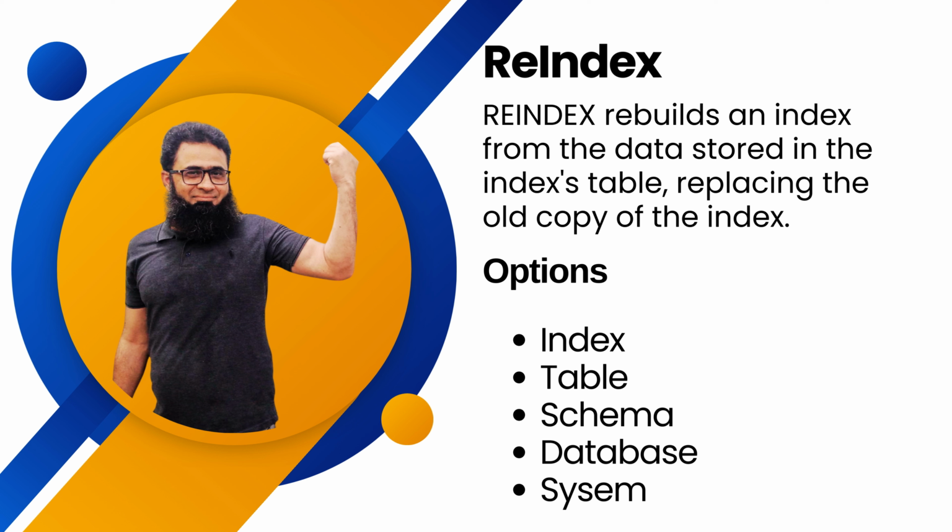We can perform reindexing on a specific index. We can perform reindexing on a table. We can perform reindexing on the schema, database, and the system as well. And reindex basically rebuilds an index from the data stored in the table, replacing the old copy of the index.